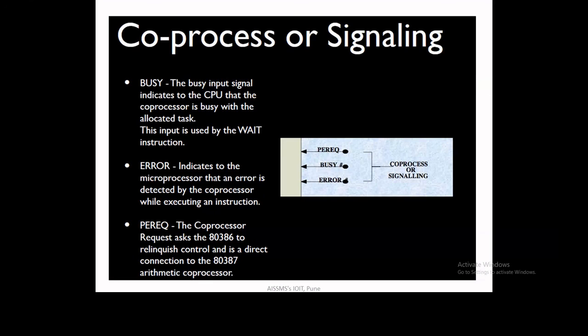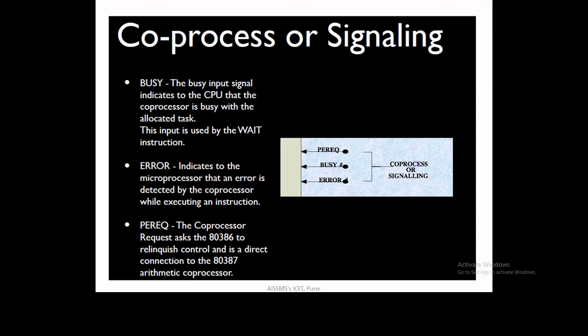Then there is the ERROR pin. This pin indicates to the microprocessor that an error has occurred, an error detected by the coprocessor while executing its instruction. Then there is the PEREQ pin, processor extension request.